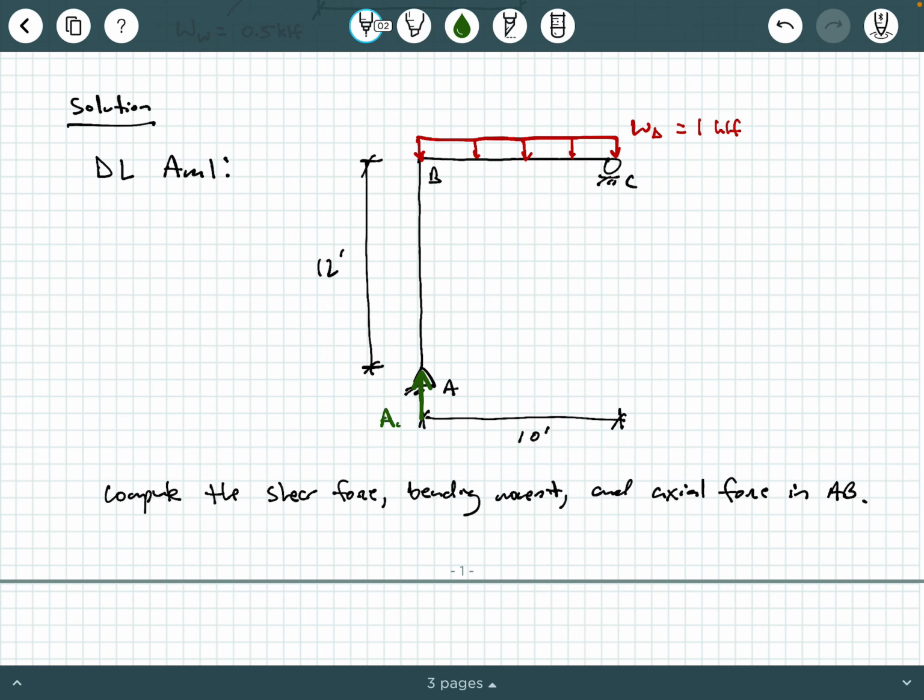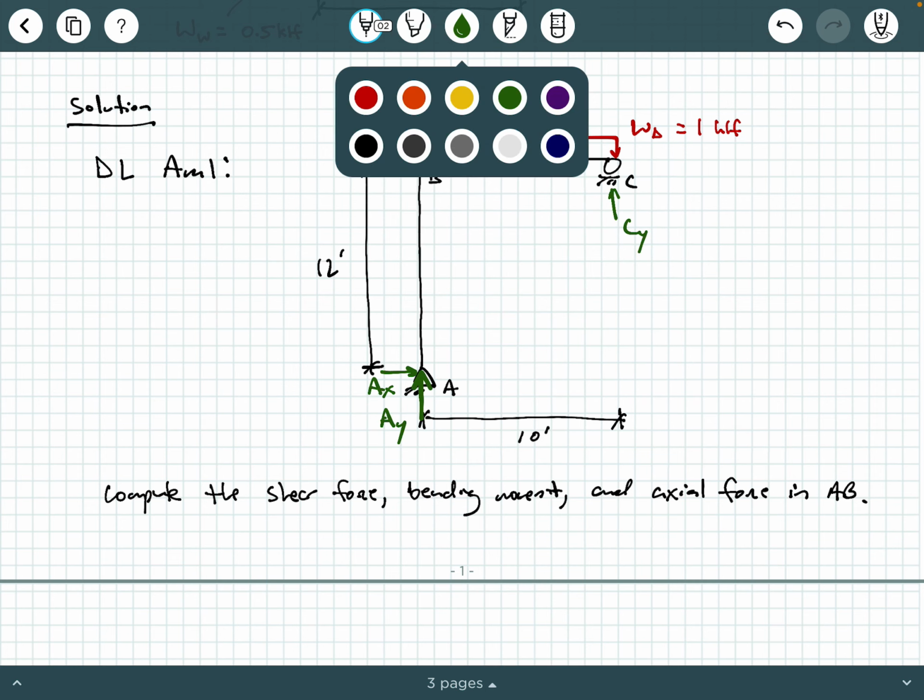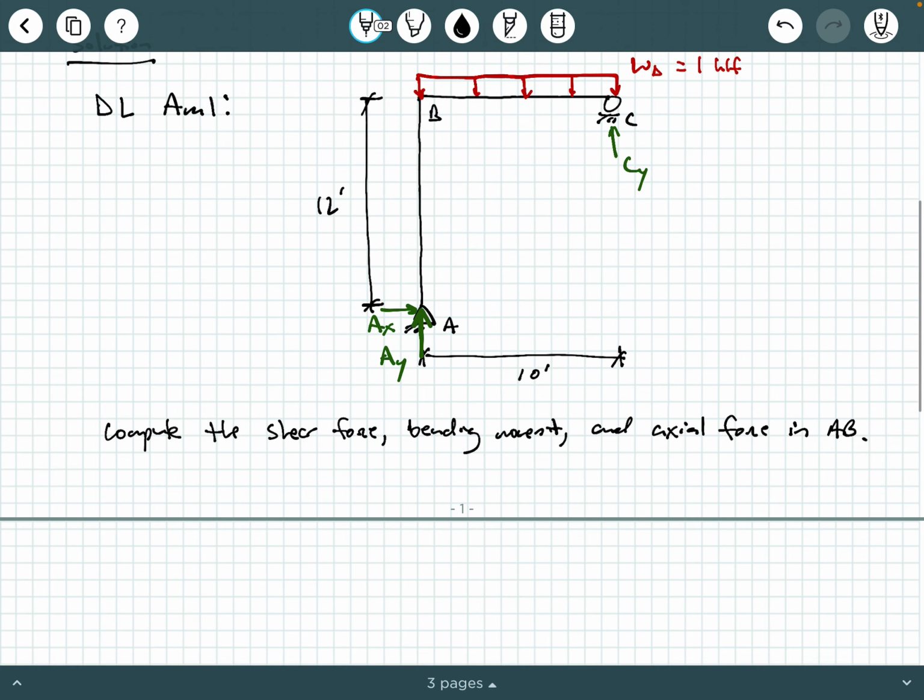Of course, I have an AY here, an AX here, and a CY here. Looking at the entire diagram, if you say the sum of the forces in the x direction equals 0, we see immediately AX equals 0. Because AX equals 0, if you think of a method of sections operation, AB is not going to be exposed to any shear or moment.